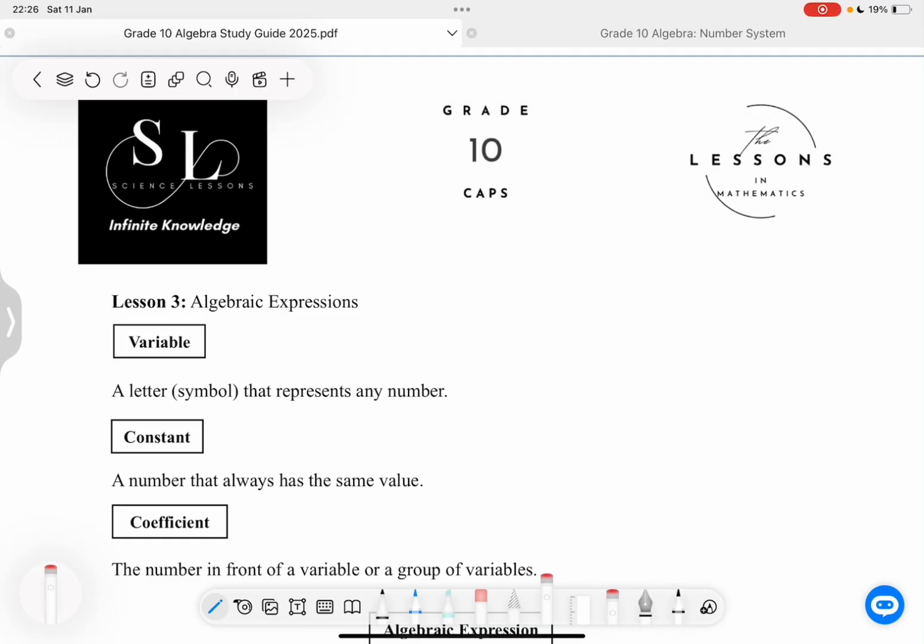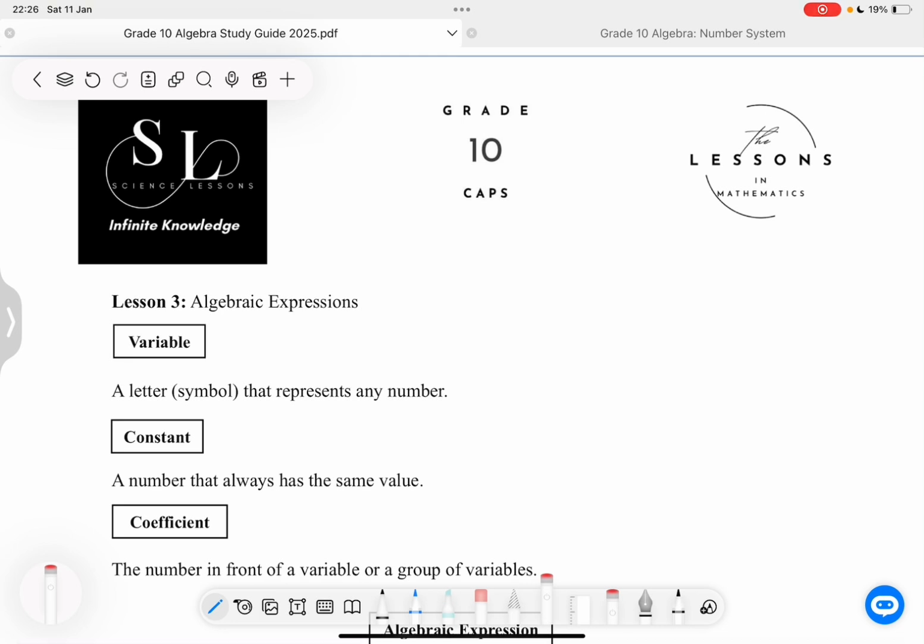Remember that I have said that algebra is a branch of mathematics that focuses on two areas. The first area is the number systems, which we spend time studying in lesson 1 and lesson 2.